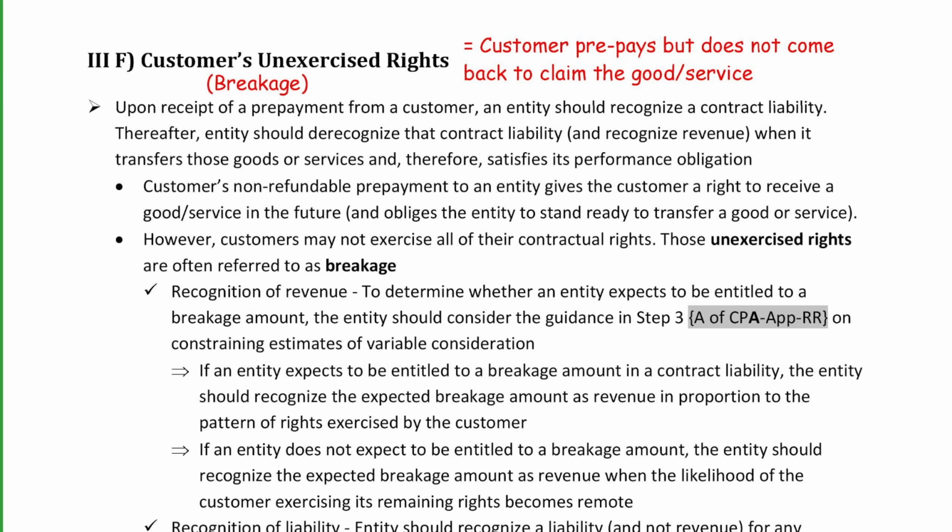So a few lines below, if an entity expects to be entitled to a breakage amount in a contract liability, the entity should recognize the expected breakage amount as revenue. Think about it. The customer has prepaid, but the entity expects that the customer is not going to come back to claim the good or service. And it makes sense for the entity to recognize revenue in proportion to the pattern of rights exercised by the customer.